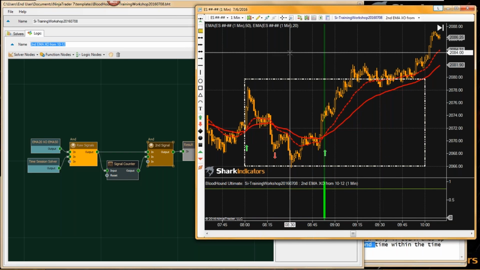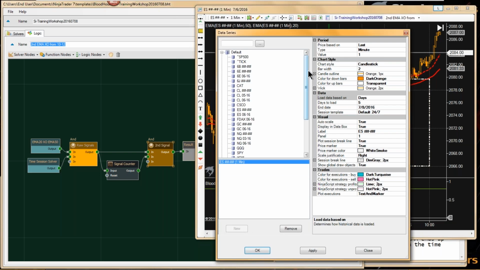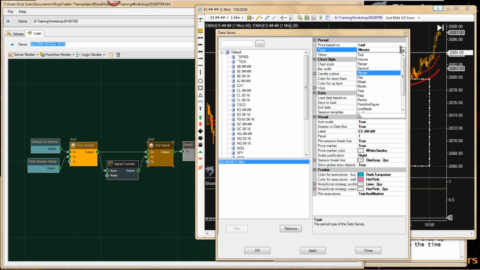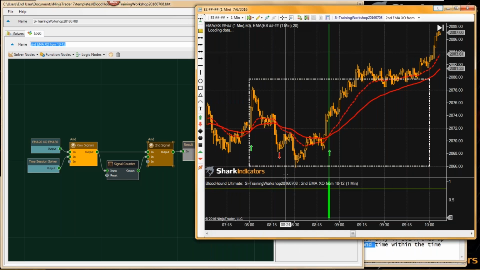So now let's change this to a Renko chart here, and probably something that would be the most complicated would be, let's see, this is the ES chart. All right, we'll let that build, and while Ninja's building that, we'll take a drink of our coffee.